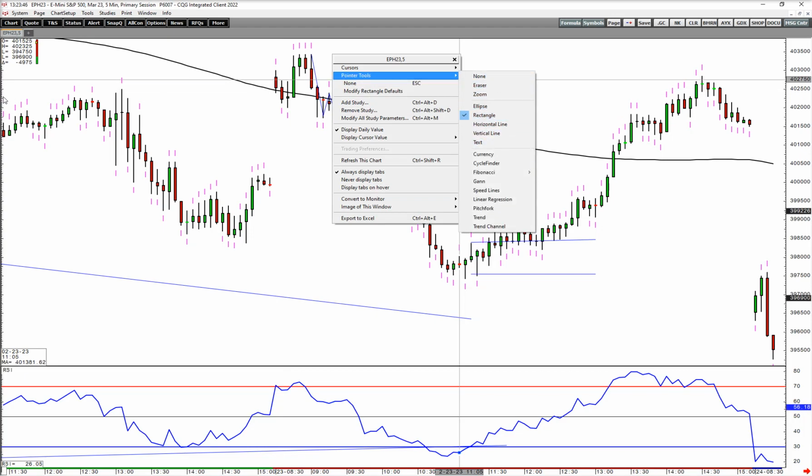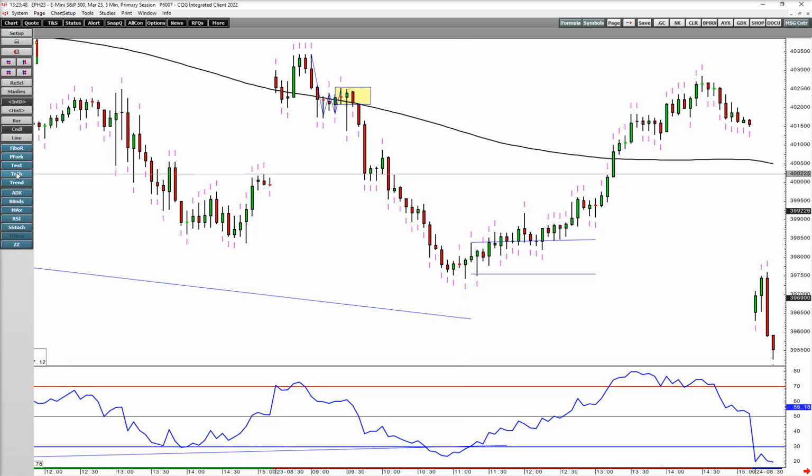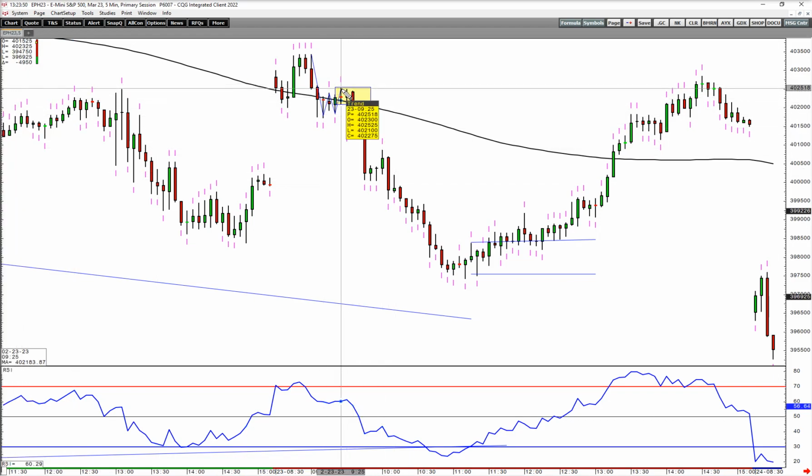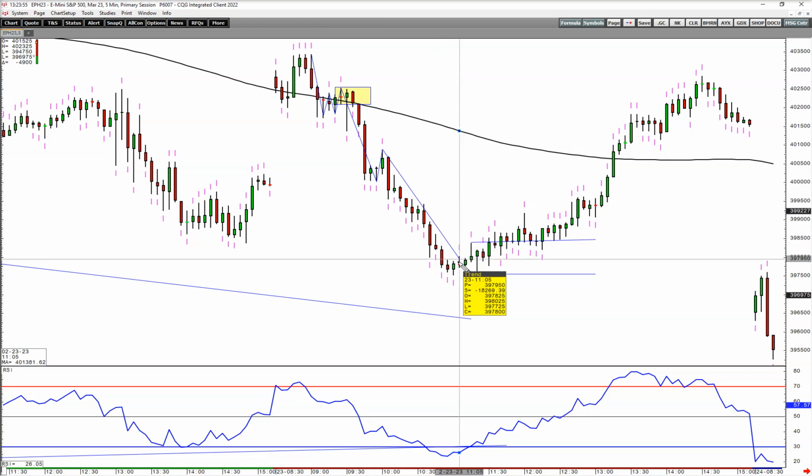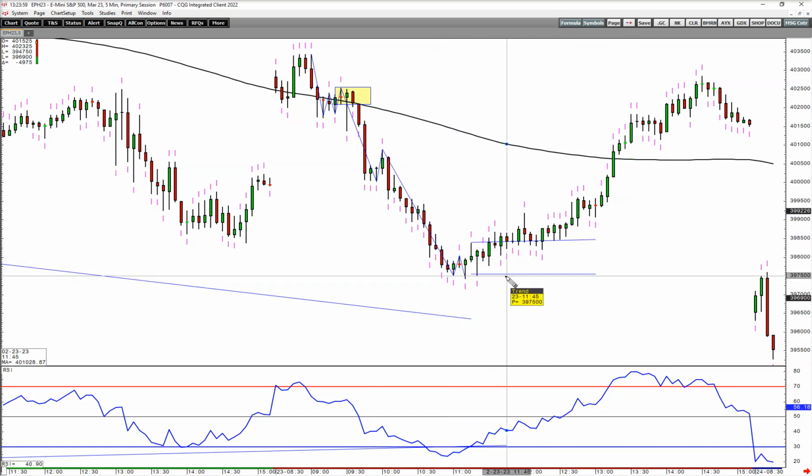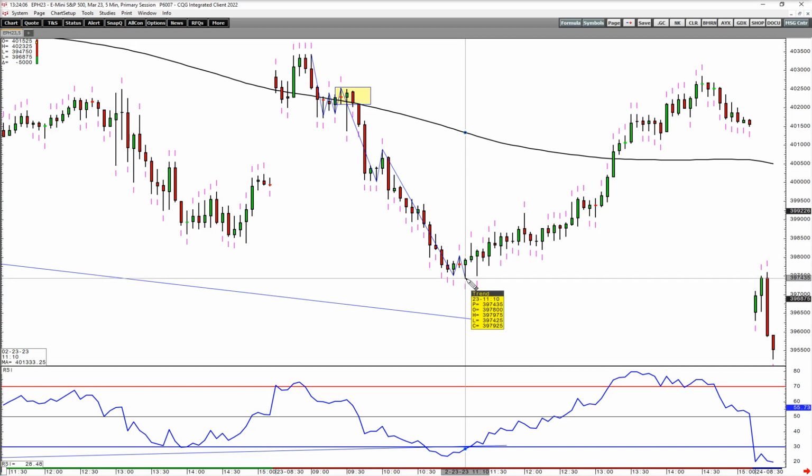Let's go back to the structure, put the lines in here. One swing up, then all the way here, one swing up, and then we got an even lower low. And then what basically happened over here is this is our absolute low.